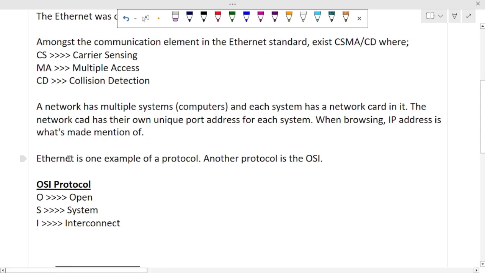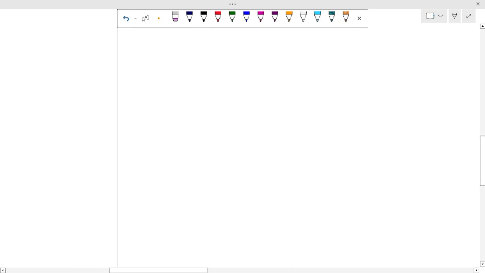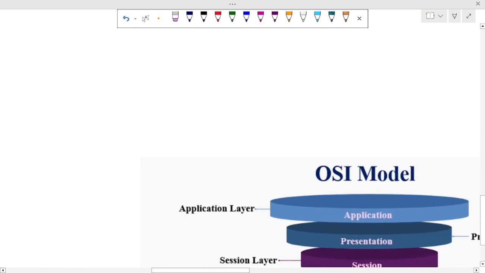Now, Ethernet is one example of a protocol. I've said that already. Another protocol is the OSI protocol, where O stands for open, S stands for system, and I stands for interconnect. Look at this picture here, it will show you the OSI model.